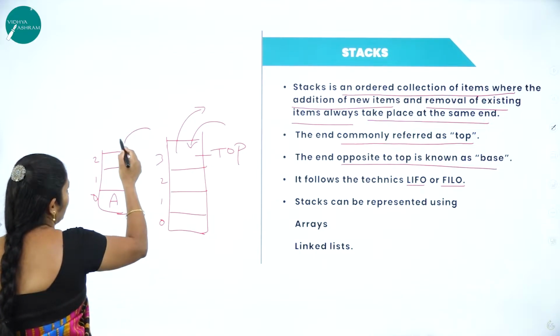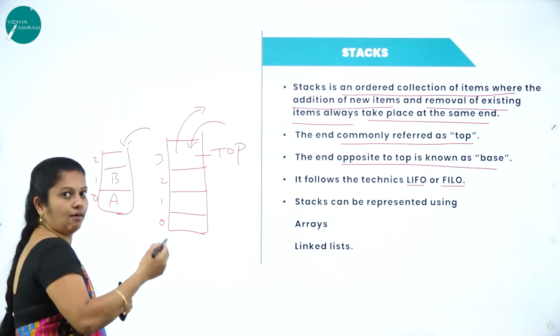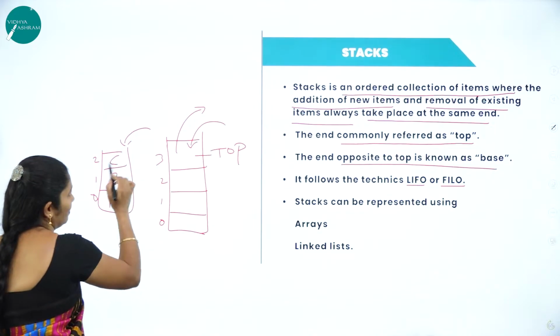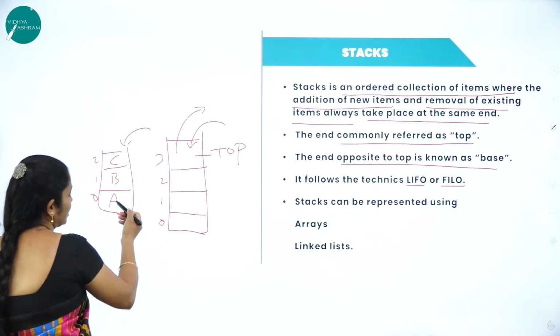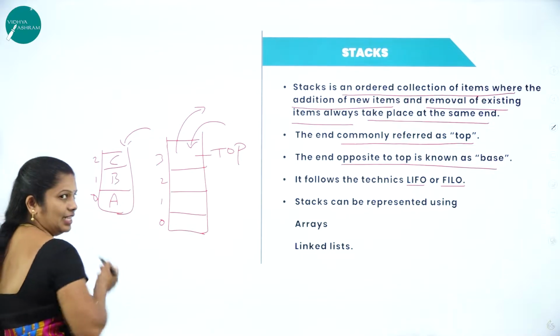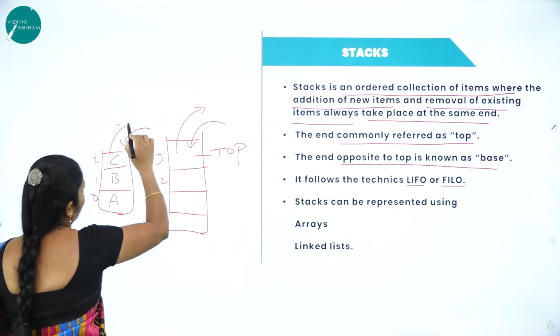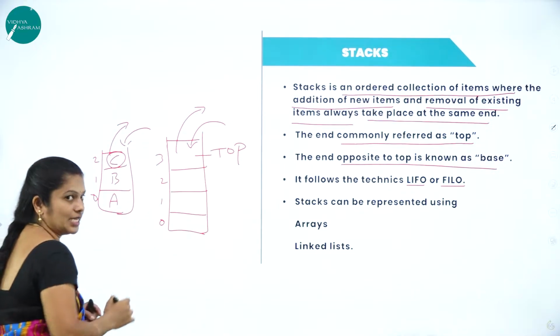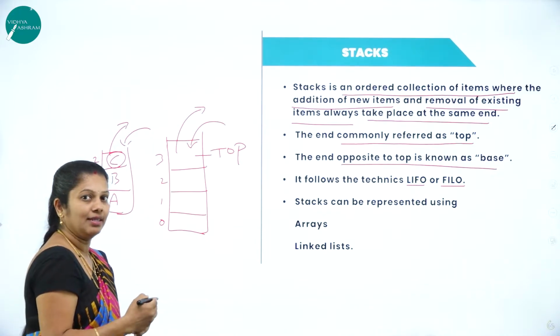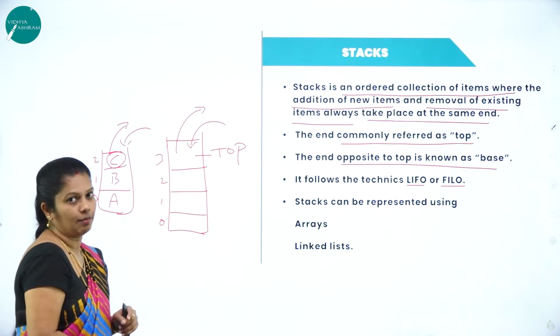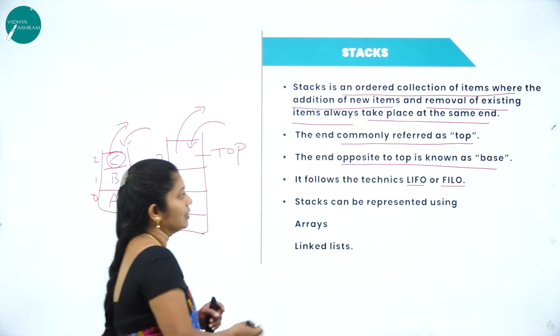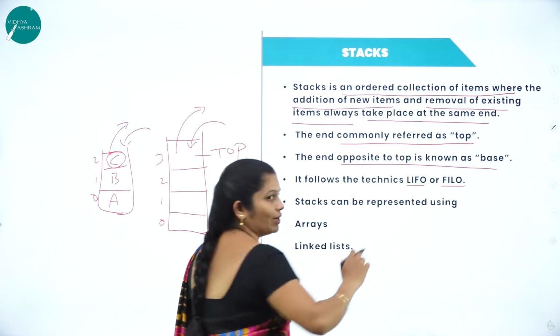Then when I insert one more element, B will come. When I insert one more element, C will come here. First I inserted A, B, C, but while removing, first I am able to remove C. The item which we recently inserted, that item we can remove first. That is, last in, first out.